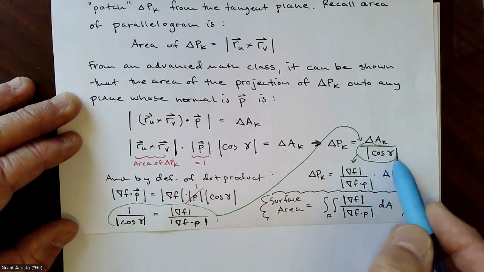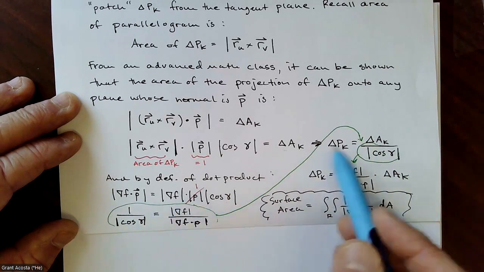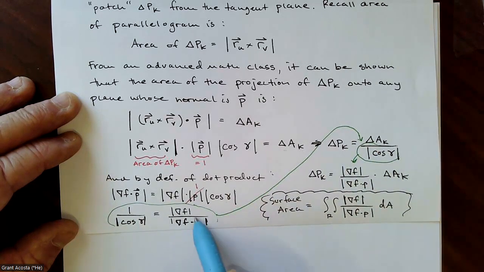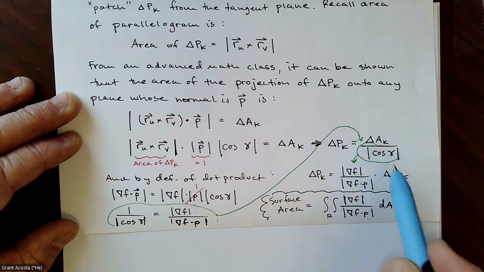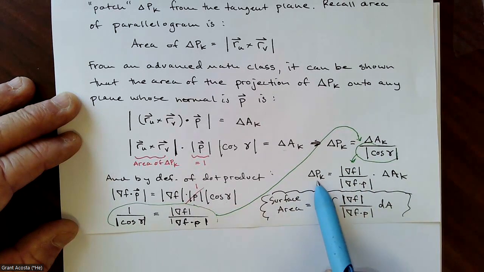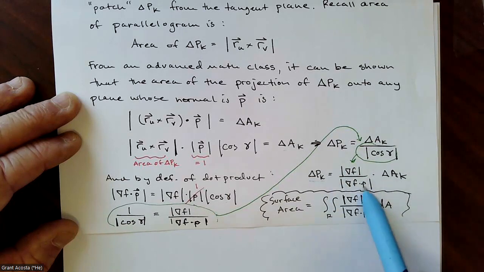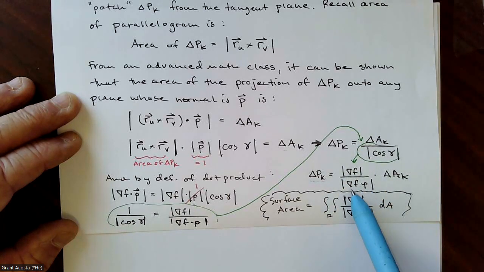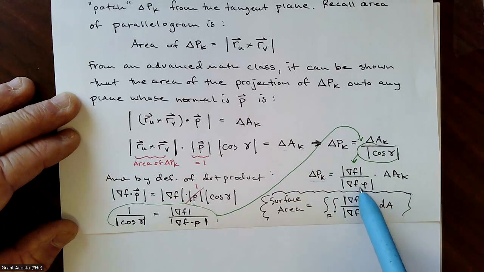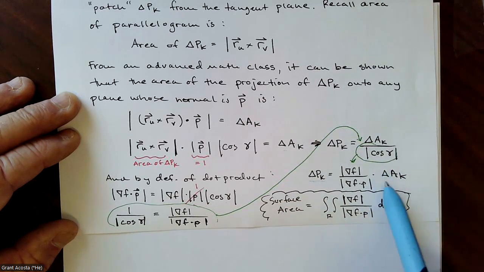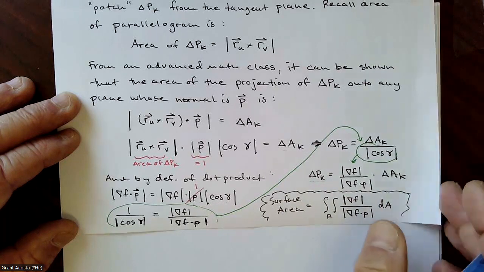And I can put that in right here. That's all I'm doing: 1 over cosine, 1 over cosine. So the area of my little patch is this fraction, the magnitude of the gradient of F divided by the magnitude of the gradient of F dotted with P, times whatever the area of my little rectangle is on the plane.